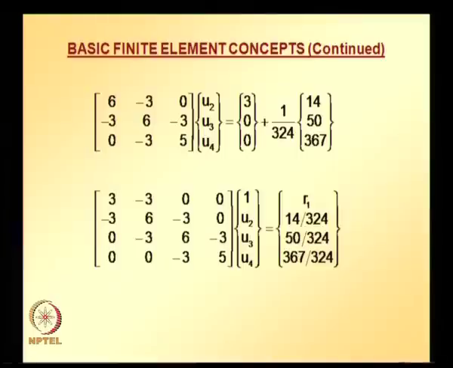I mentioned there are two ways. One is that you can remove the rows and the corresponding components in the force-like vector. The other way is based on simple reasoning. The second approach is based on recognizing the fact that when an essential boundary condition is specified, the corresponding derivative term is unknown.